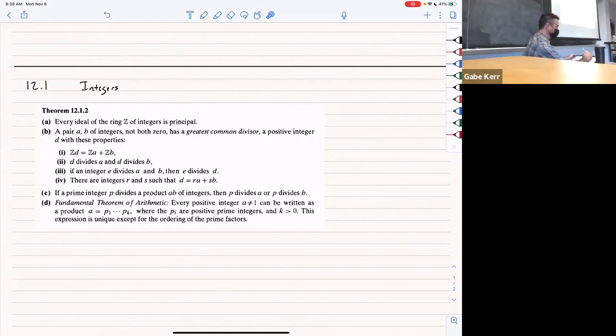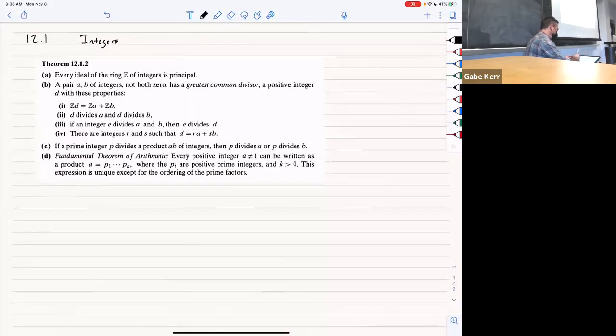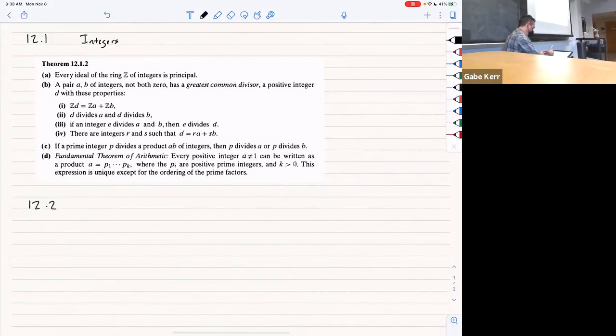Rings. We have some vocabulary in order to make this project work, which is this generalization of these kinds of ideas to more general rings.